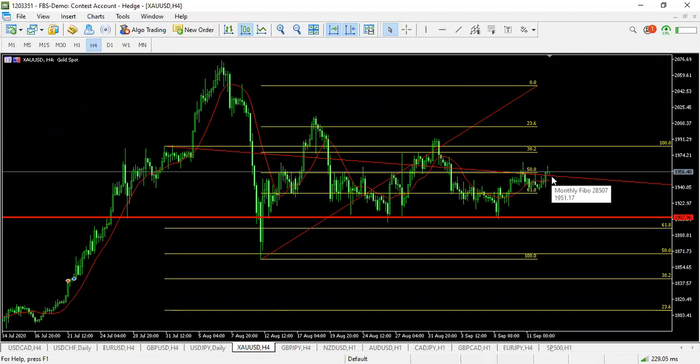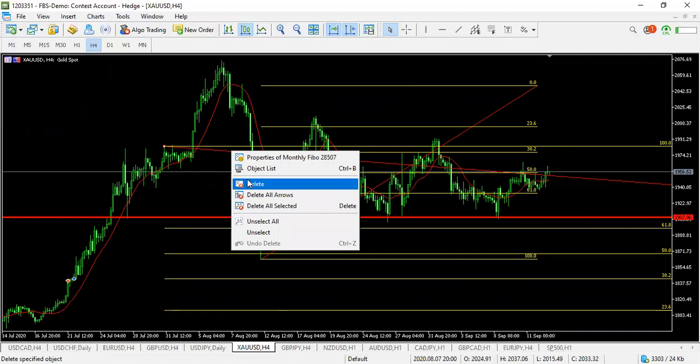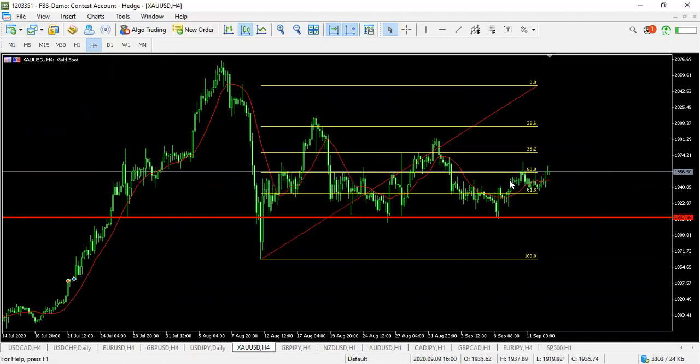However, I still think that gold will go up for the coming weeks and even months. But we'll see about that. Otherwise, we'll see this move materializing into something, and maybe see a break higher or a break lower to retest at least 1880 zone or even lower.